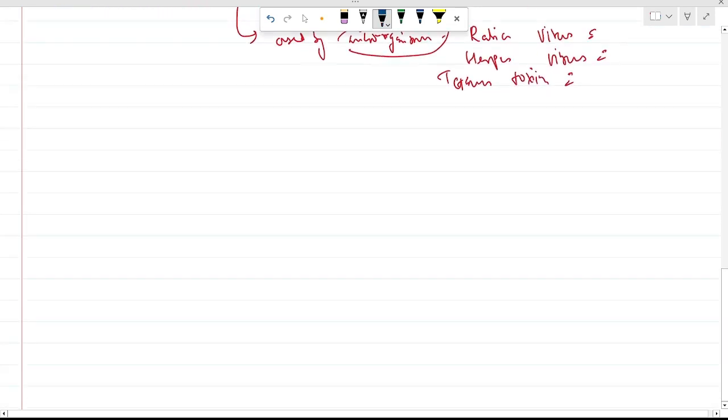Next function we are going to see, that is the function of this dynein protein. This dynein movement, as you have seen, this cytoskeletal filaments are also involved in the cellular movements.